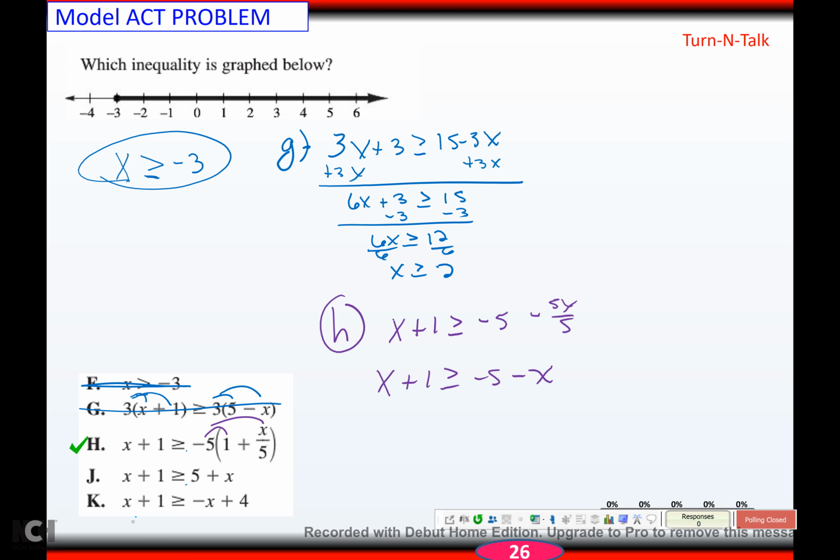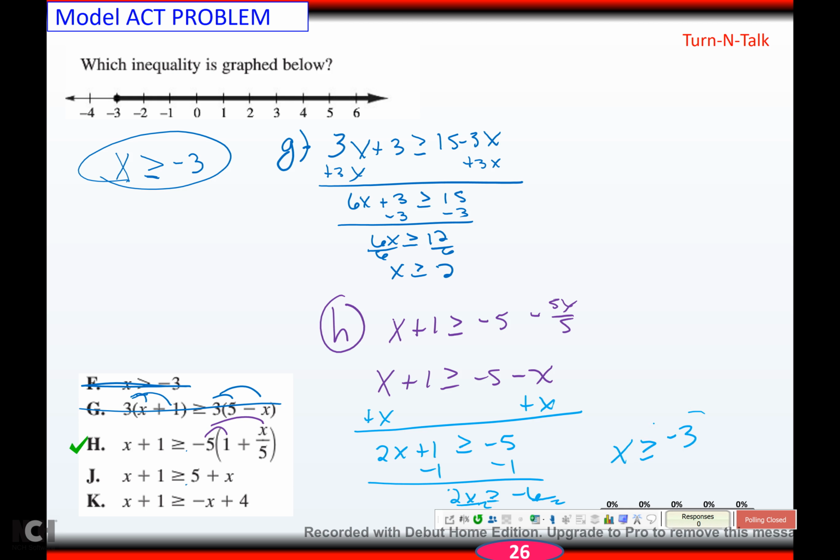So then if I get x on the same side, I'm going to add x. That gives me 2x plus 1 is greater than or equal to -5. Minus 1, minus 1. 2x is greater than or equal to -6. Divide by 2, and x is greater than or equal to -3. That is my solution. And you could check the other ones, but once you find it, I wouldn't.